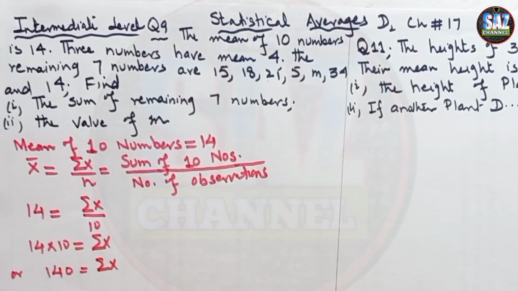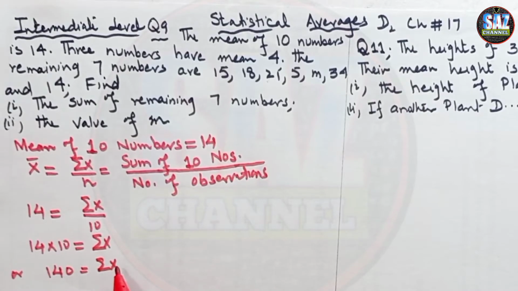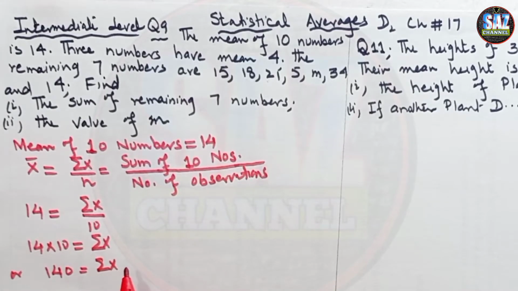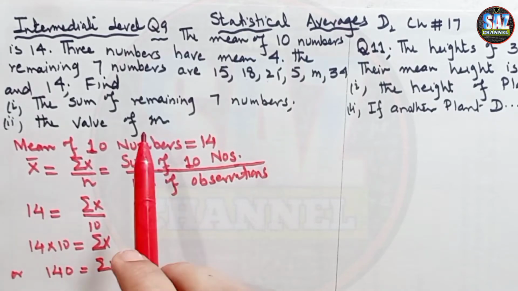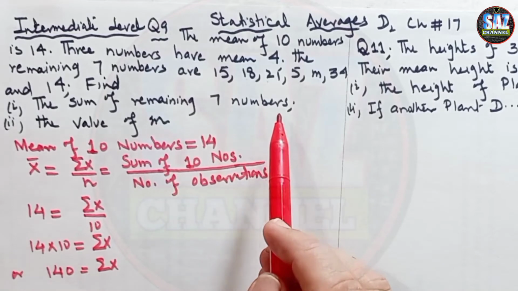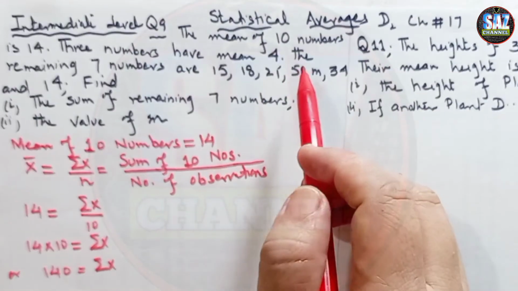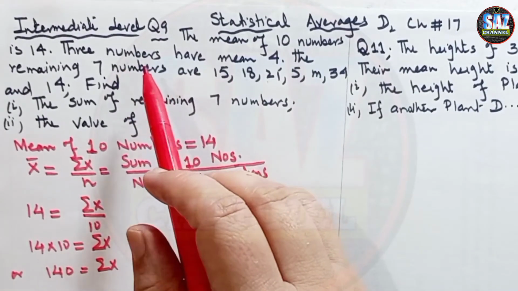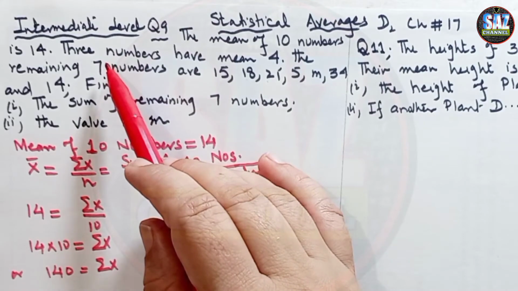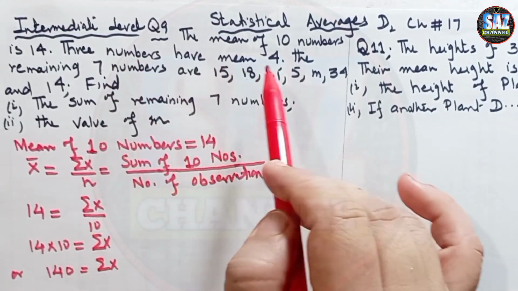Now try to understand that this sum is the sum of 10 numbers. And then the question says that we have to find the sum of the remaining 7 numbers. After finding the sum of 10 numbers, there is another information given as well, that 3 of the numbers have the mean 4.